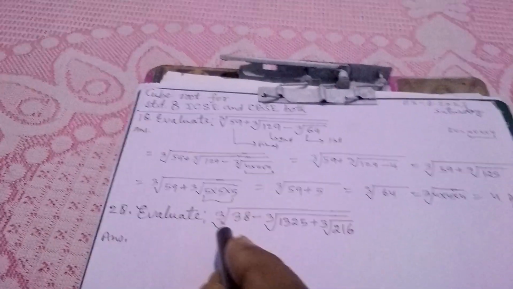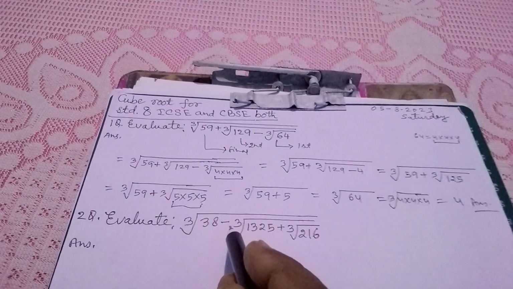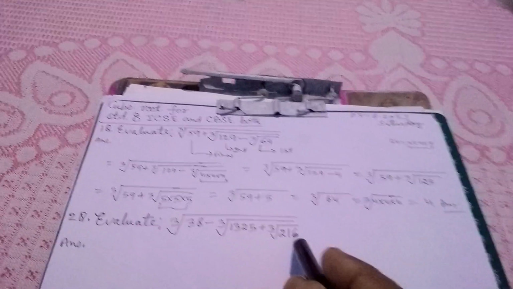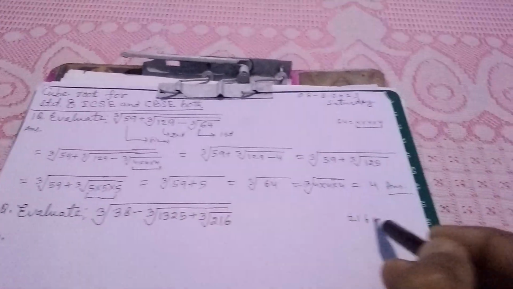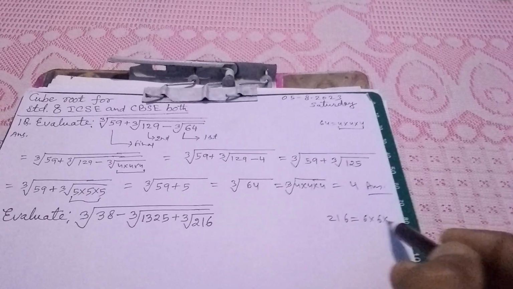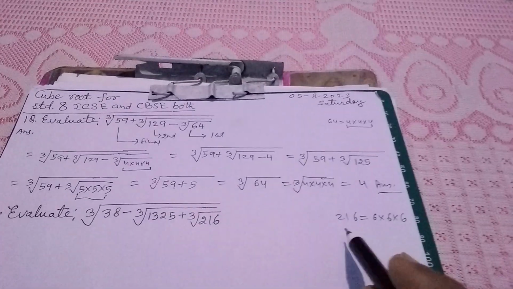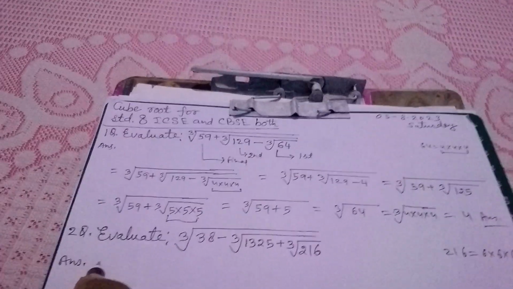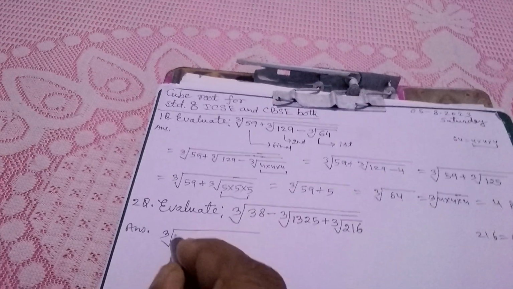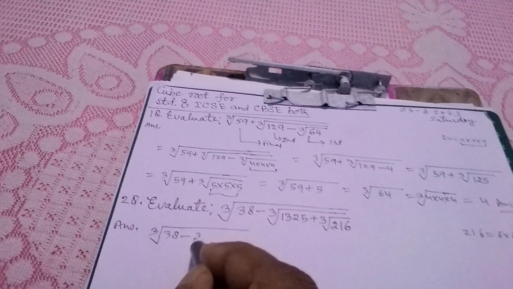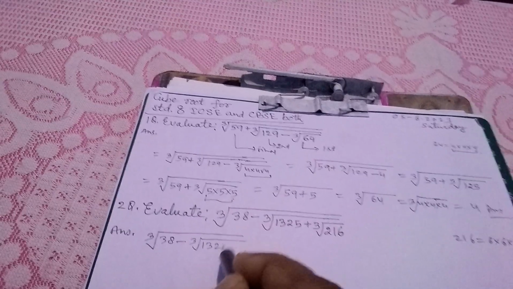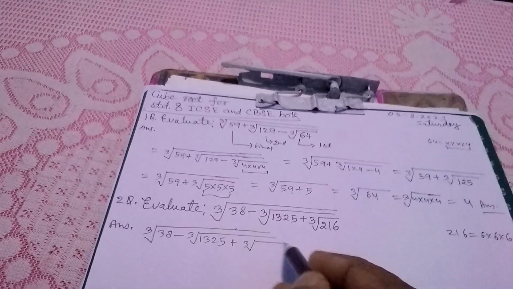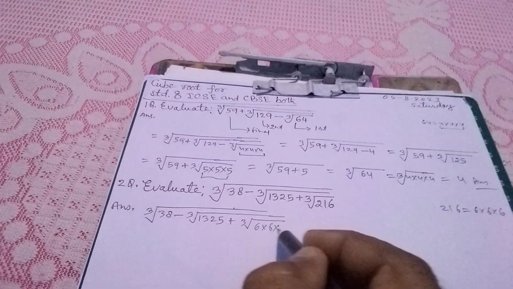Second question is cube root of 38 minus cube root of 1325 plus cube root of 216. So 216 is equal to 6 into 6 into 6, or by prime factorization also we can find it out. So this is written as cube root of 38 minus cube root of 1325 plus cube root of 6 into 6 into 6.